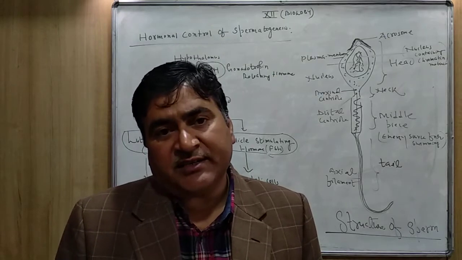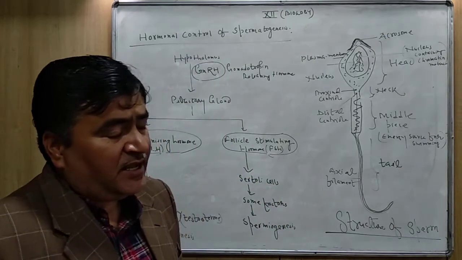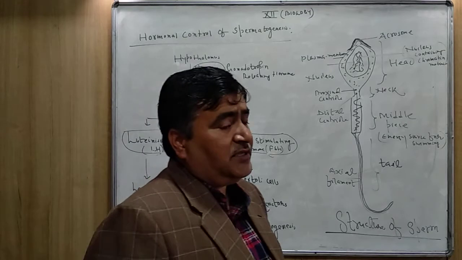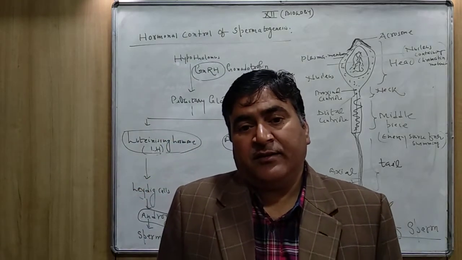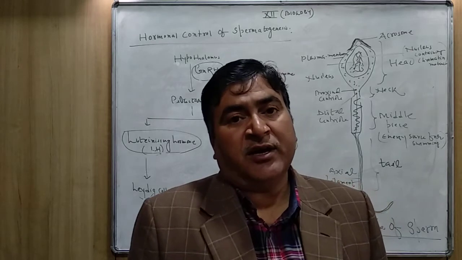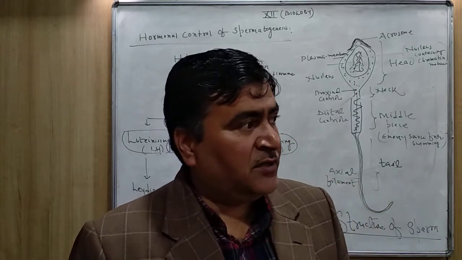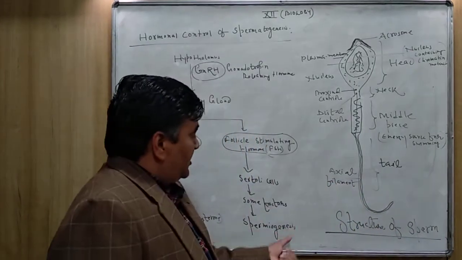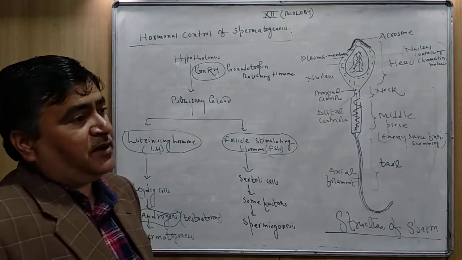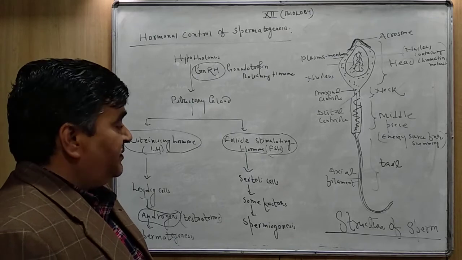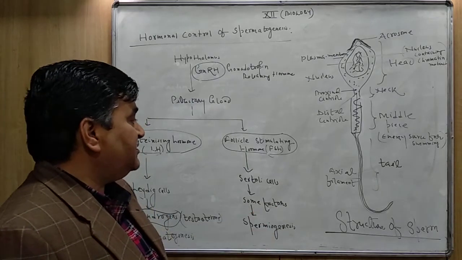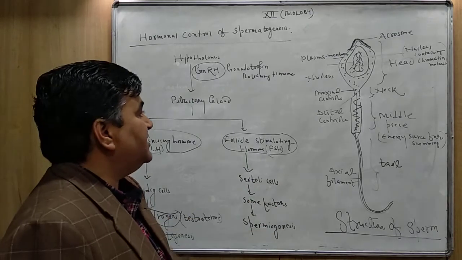We have already discussed spermiogenesis. As you know, spermiogenesis is the process of transformation of spermatids into spermatozoa. This transformation takes place in the presence of some factors which are released by Sertoli cells.